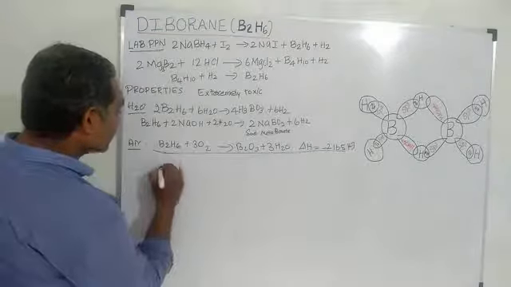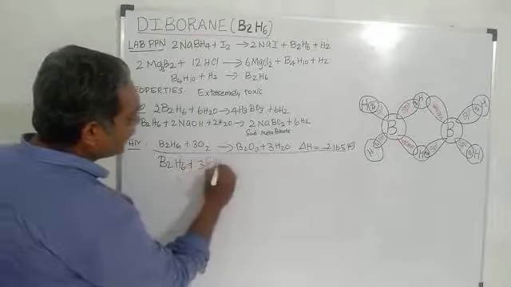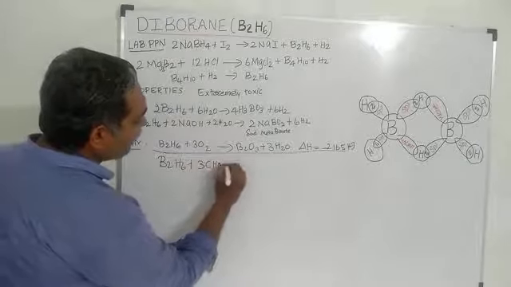Next reaction is B2H6 reacts with 3CH3OH, that is methanol.